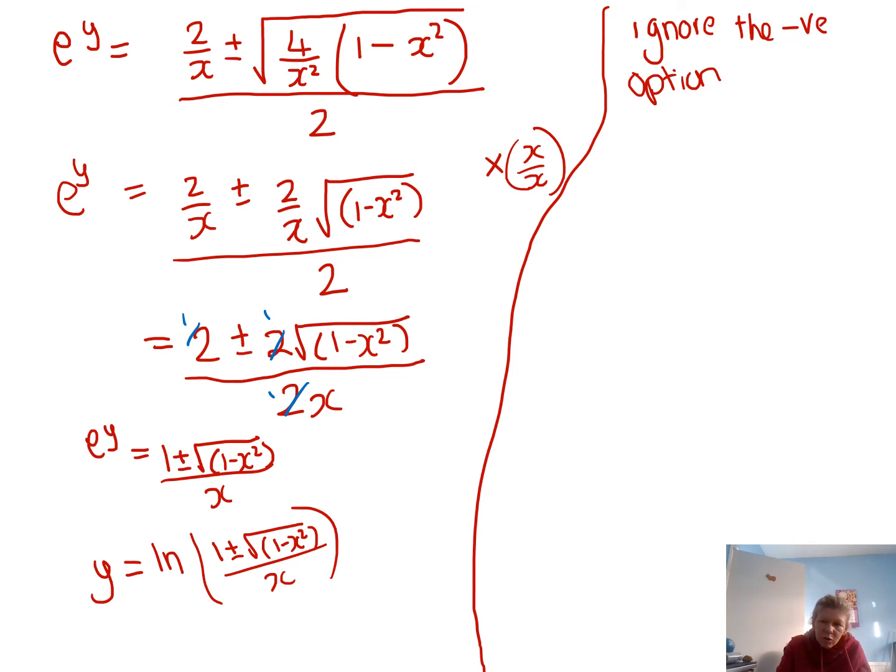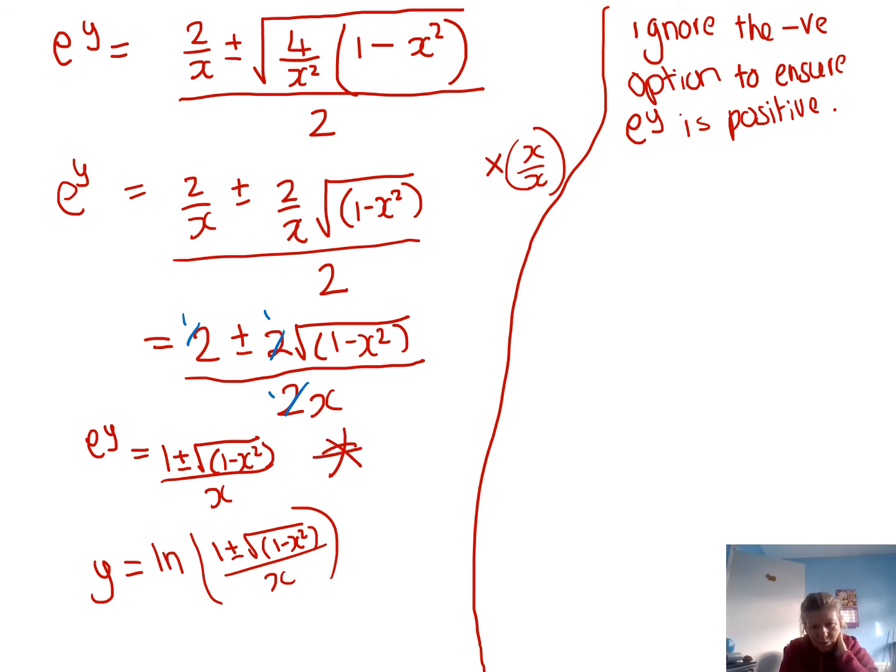Well, to ensure that e to the y is positive. So up here you couldn't really have the minus, so let's put a big star there. e to anything can never give you a negative number. So to ensure that, we should get rid of the minus there. So that should be gone there.